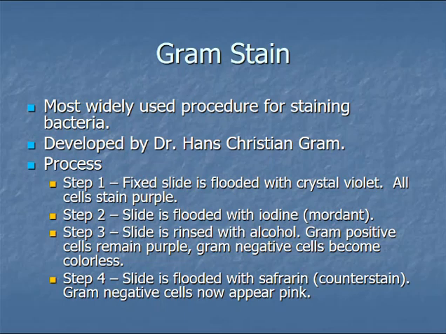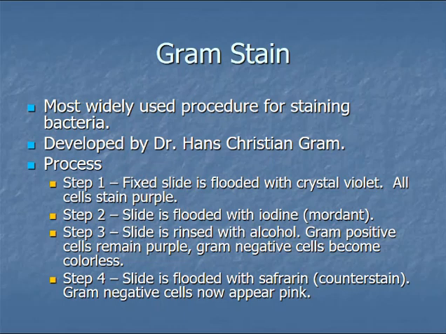So if we culture an infection, and we want to get some idea of what it is, we may kind of know, but we want to make sure that the patient's getting the best antibiotics to begin with. Well, some antibiotics work better with gram-positive bacteria. Some work better with gram-negative.